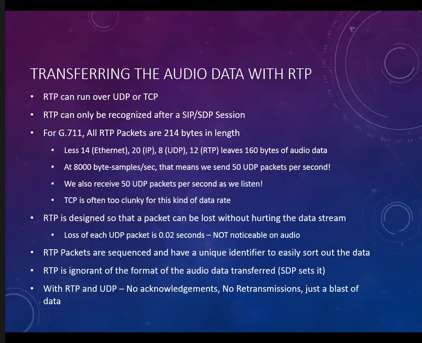And RTP really is ignorant of the format of the audio data. It just knows that it's got so many bytes to transfer and it's going to do so. So RTP will support any number of media types. We just happen to be looking at audio for the support of VoIP specifically. And again, with RTP and UDP, there's no acknowledgments, no retransmissions, just a streaming blast of data. It is designed that way so that if you miss a piece of data, it doesn't impact the function that you were trying to provide.